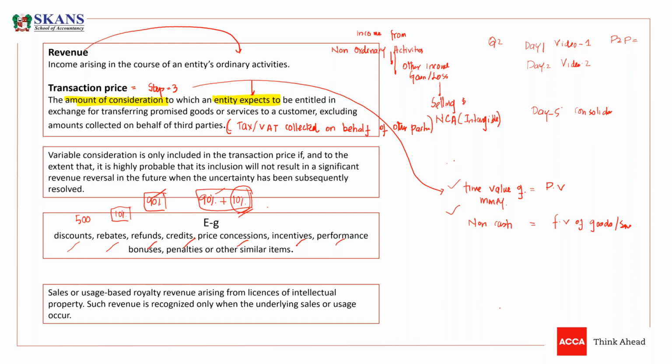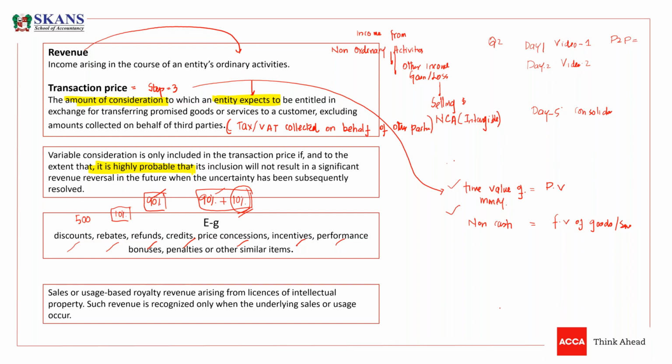Variable consideration will be a part of revenue if it is highly probable. If it is highly probable that you will get this amount, then you can take this amount as a part of revenue. But if you are uncertain, then you cannot book revenue of an amount that is variable.